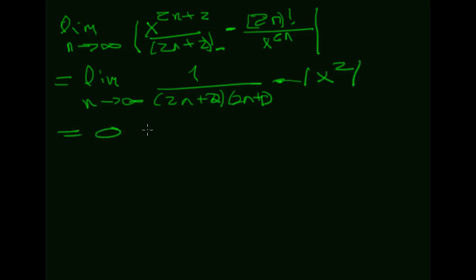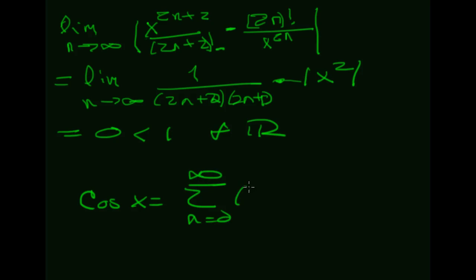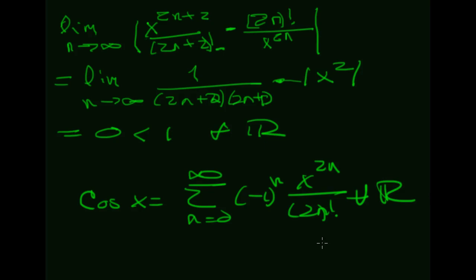That limit again goes to 0, which is less than 1 for all reals. So this tells me that the cosine of x is equal to the sum from n equals 0 to infinity of (-1)^n x^(2n) over 2n factorial for all real numbers.